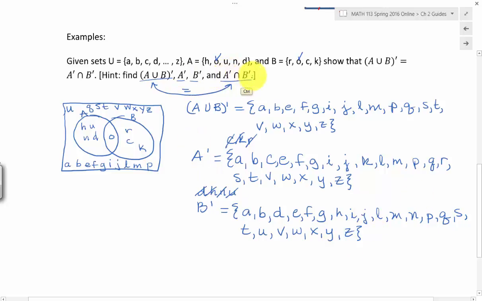The next thing I'm supposed to find is the intersection of A complement and B complement. Remember, intersection means the part that's in common between those two sets.